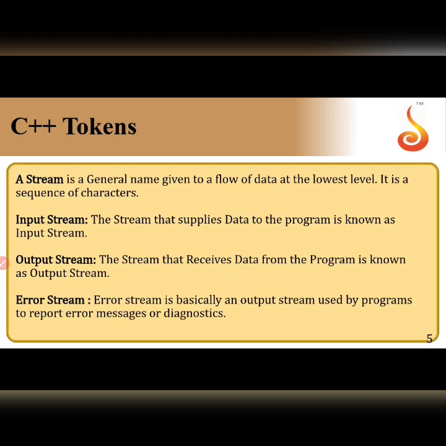The next is streams in C++. What is a stream? A stream is a general name given to a flow of data at the lowest level. So it is a continuous flow of data.